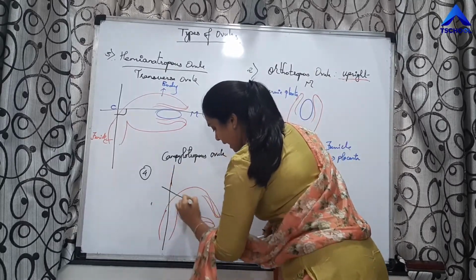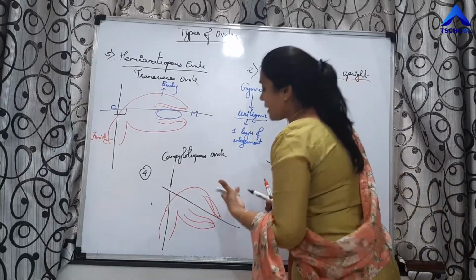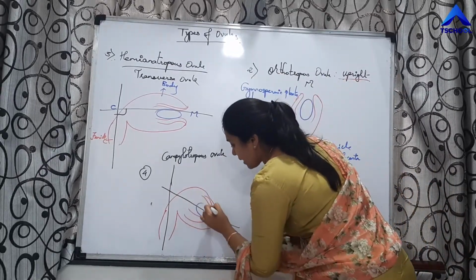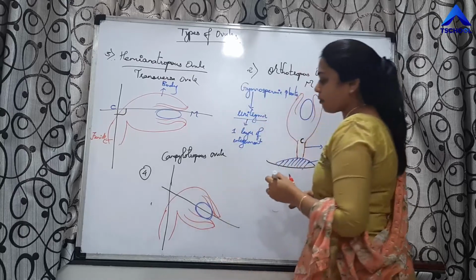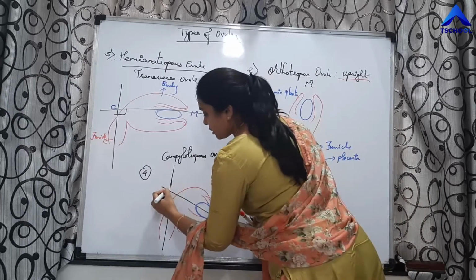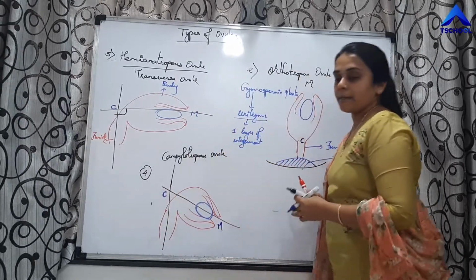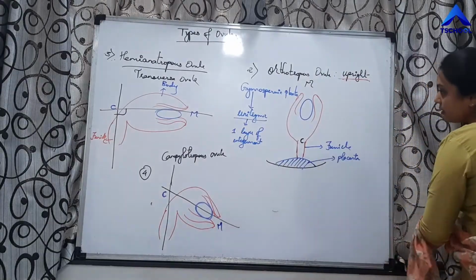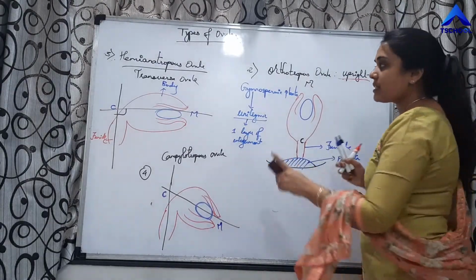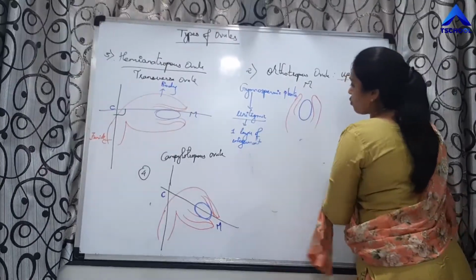So this is the angle which is formed. And inside there is embryo sac development. Such type of ovule is called campylotropous ovule. This end is chalazal end, this end is micropyle end. Clear? So campylotropous ovule is in between the hemianatropous ovule and anatropous ovule.